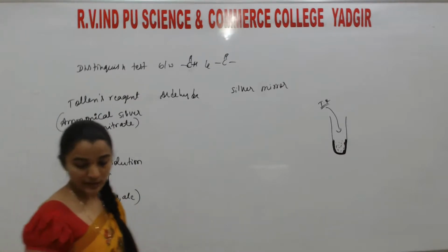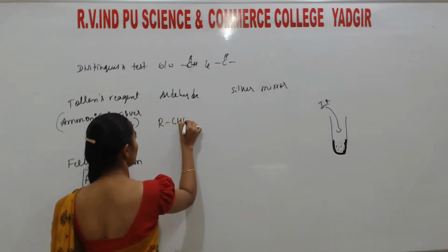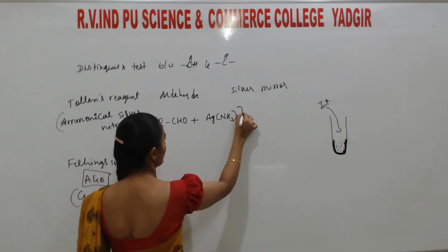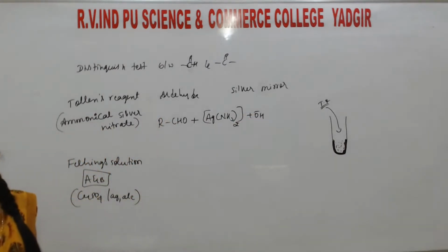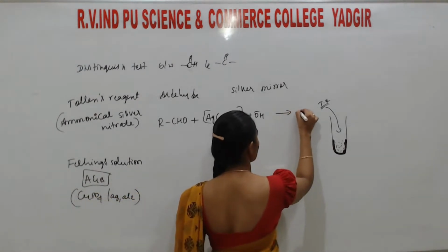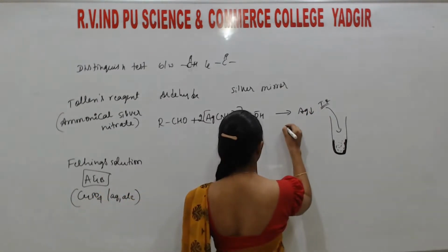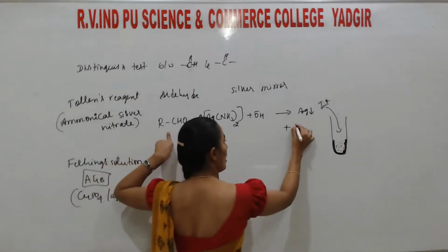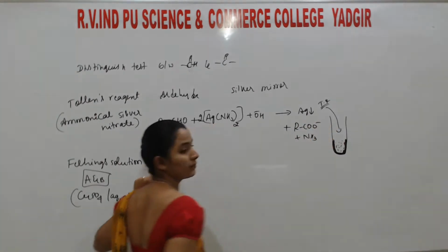How does the reaction take place? So listen. Aldehydes react with two times ammoniacal silver nitrate. So what will they form, students? They form Ag metal, plus RCHO changes to RCOO minus plus NH3.